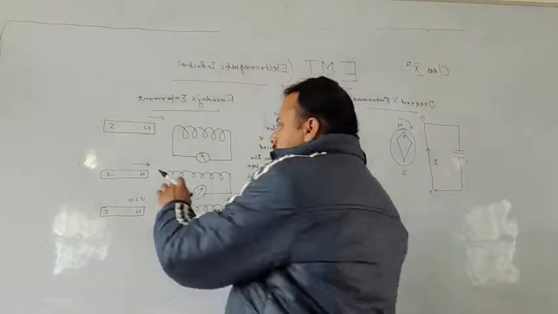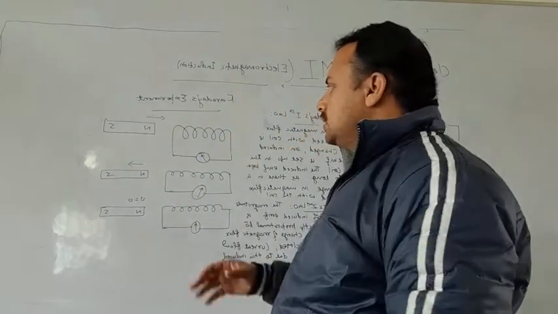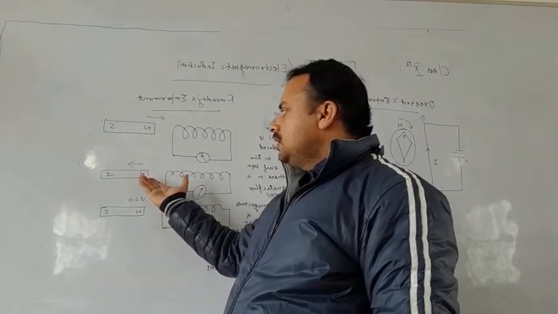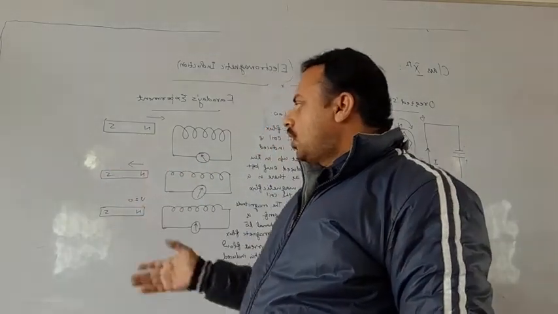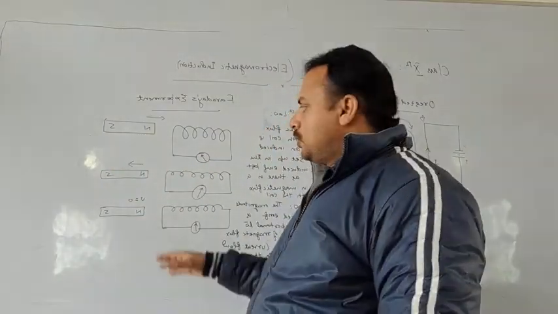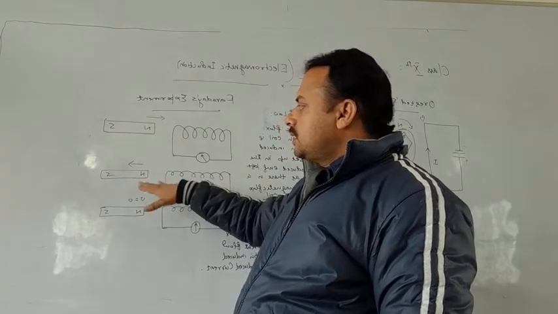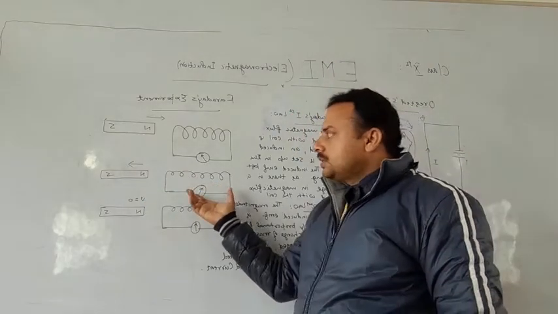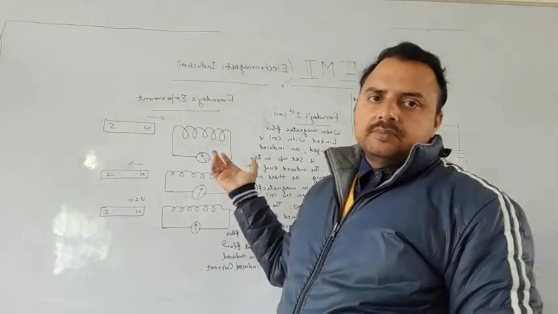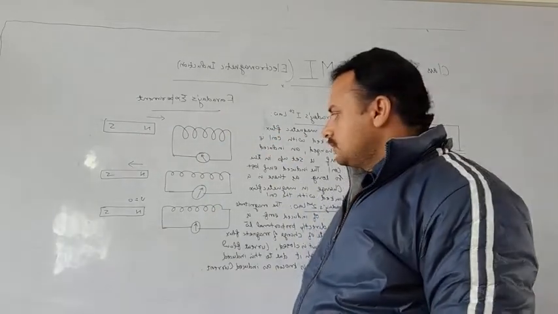Again, the direction of this magnet is reversed, meaning now the magnet is moving away from the coil, and suppose the north pole is at the same place as the previous one. So again we will see there is a deflection in the galvanometer, but this time it is in reverse, or you can say in the opposite direction.